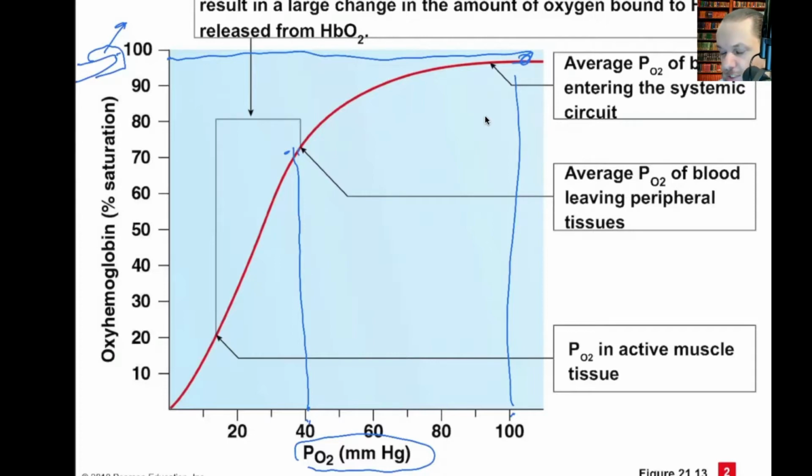So I'm able to give this off. At this point, I'm only 70% saturated, and I'm gonna go back to the lungs and pick up more oxygen. Now in the lungs, if oxygen is abundant, present, it's gonna go there. It's gonna pick up more O2, and the cycle is gonna repeat.